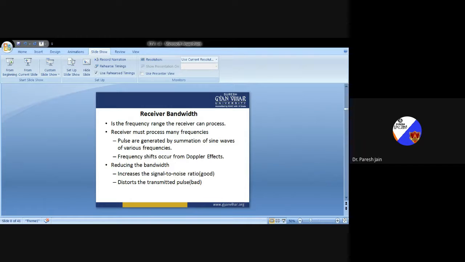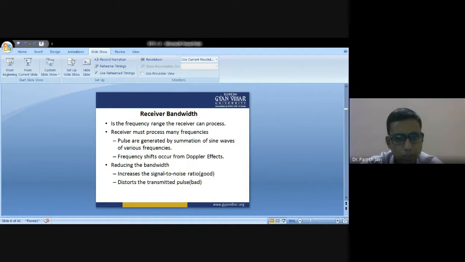Frequency shifts occur from the Doppler effect. Because of a moving object, there will be the Doppler effect and a change in the frequency. Reducing the bandwidth increases the signal to noise ratio, so we can reduce the bandwidth of the receiver, but it distorts the transmitted pulse. These are the two factors regarding why the bandwidth is reduced.